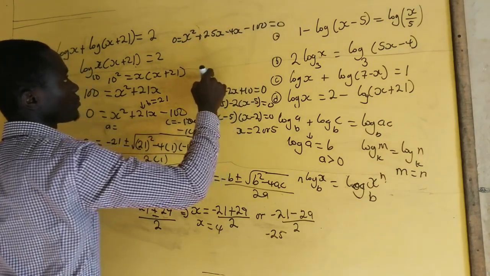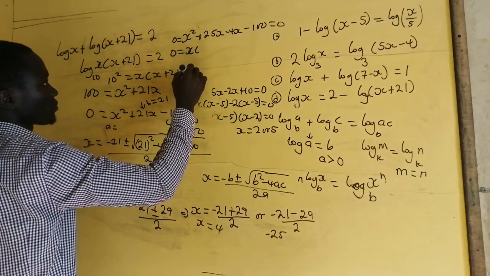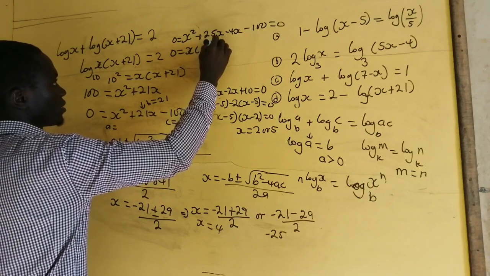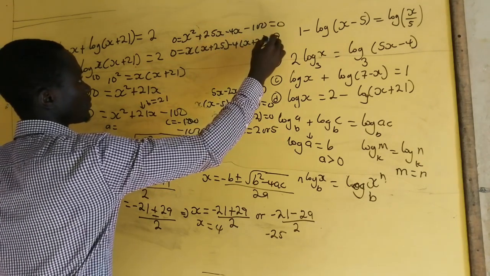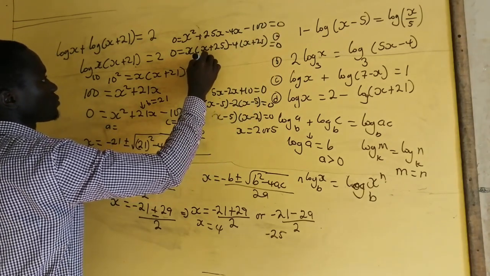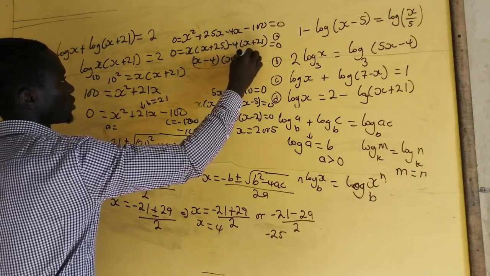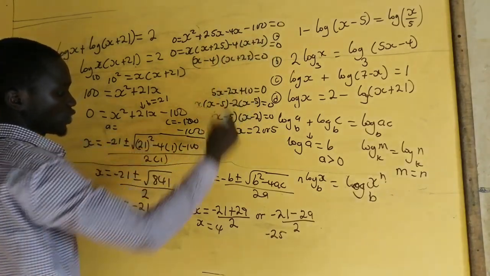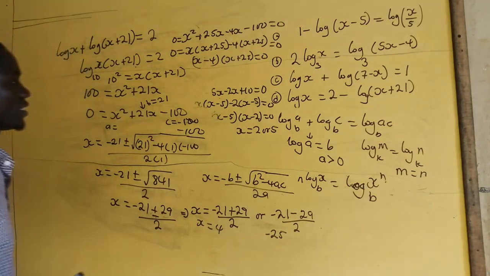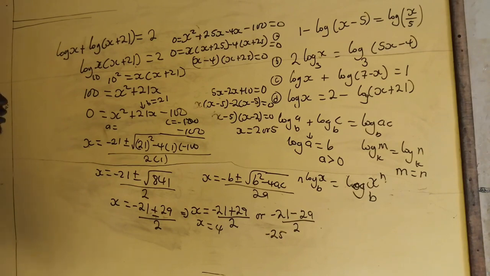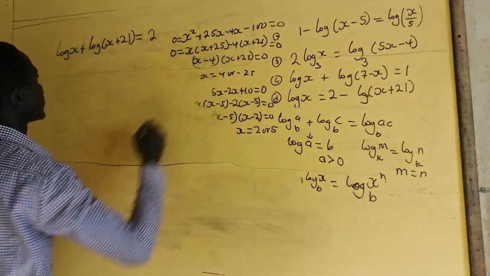And this gives 0 equal to x into brackets x plus 25, minus 4 into brackets x plus 25, which will give us x minus 4 times x plus 25 equal to 0, which will eventually give us x equal to 4, x equal to negative 25. Now, which of these fits into our equation? Let's check, x equal to 4 or negative 25.